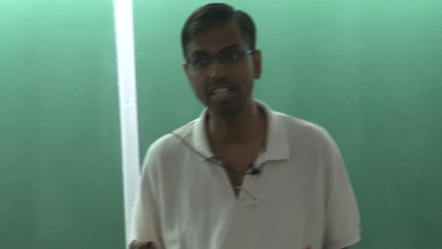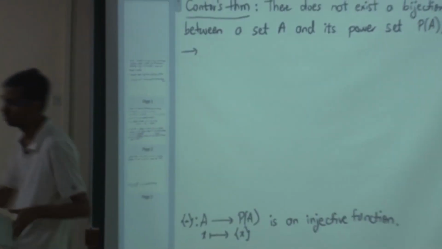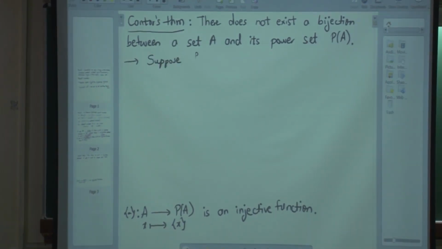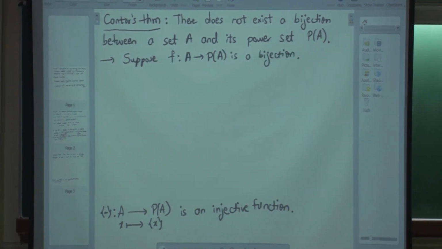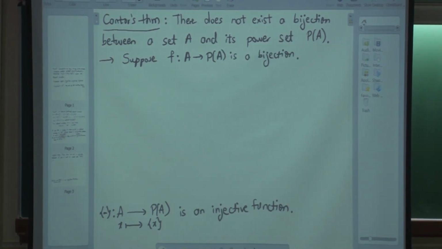So by contradiction, what do we assume? That suppose there exists a bijection. So let us do that. Suppose F from A to PA is a bijection. Now we are going to use some idea similar to Russell's paradox yesterday.